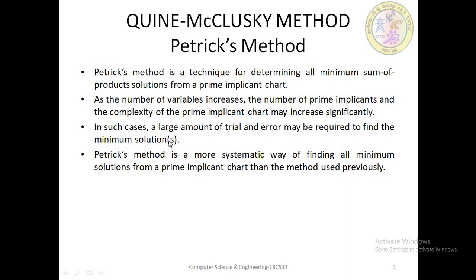As the number of prime implicants increases, the trial is directly proportional to the chance of error. Petrick's method is a more systematic way of finding all the minimum solutions from a prime implicant chart than the methods used previously.